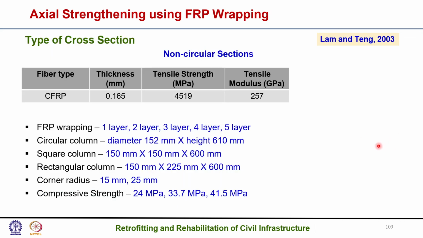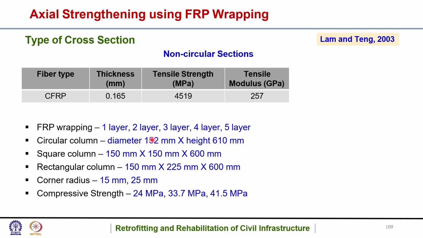So next, also for non-circular sections, one more study was performed by Lam and Teng in 2003. They also looked at the type of cross section, basically non-circular sections. They took various types of sections. They used FRP wrapping of 1, 2, 3, 4, and 5 layers.